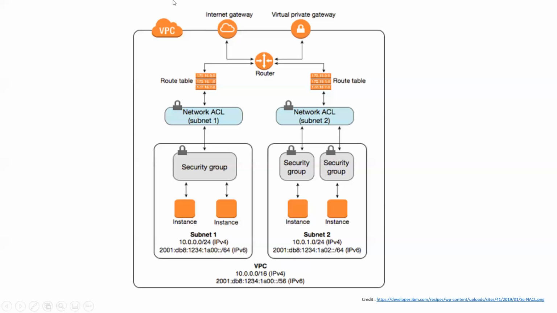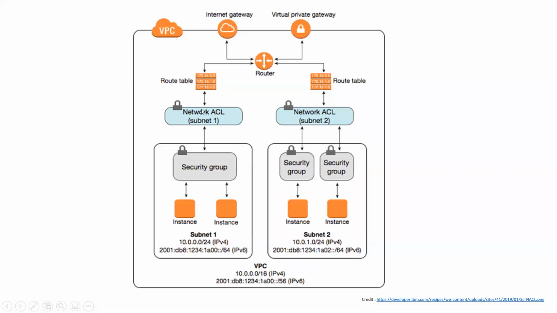In this example, it's coming through the internet gateway, and your router takes it and your route table gets evaluated to see if there is a route to your subnet. And then your network ACL sits here. The network ACL guards the entire subnet.